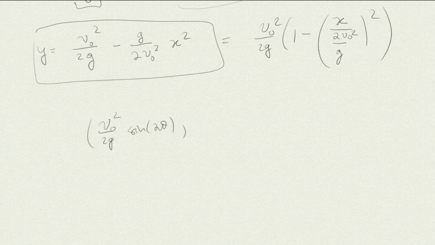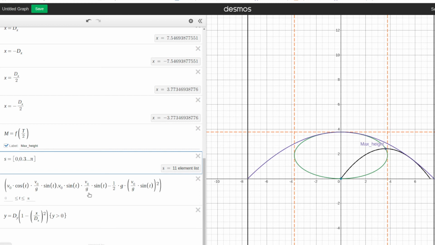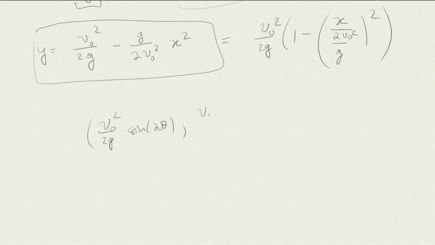And for the other part, if we go here, it's basically the same. So it's v0 squared sine squared over g, and the same expression minus half of it. So it's going to be just v0 squared over 2g, and what we had there is just sine squared of theta, or of phi.